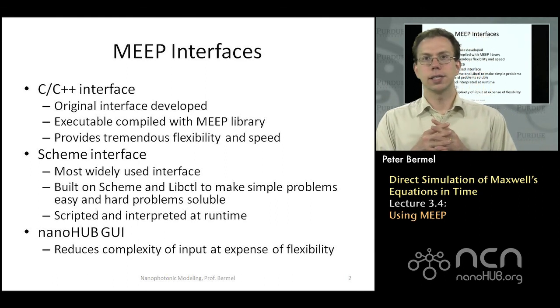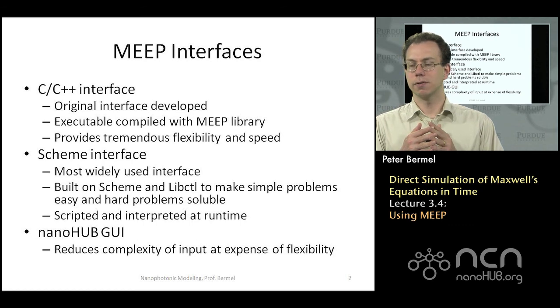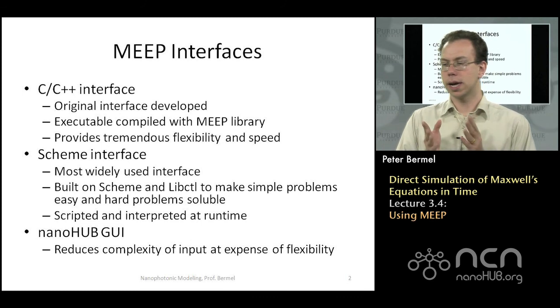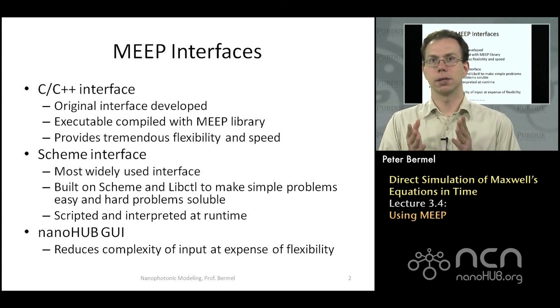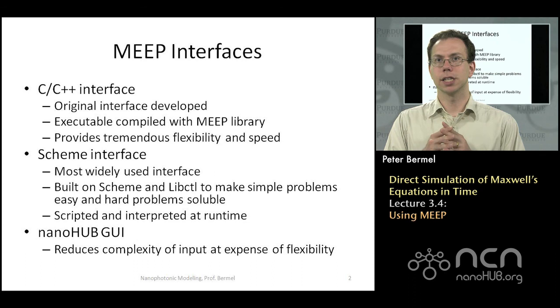And as you can imagine, because it's in C, it's a very powerful, very flexible interface, and it's also very fast. The downside, of course, is that you have to A, be good at programming in C or C++, and then B, you have to compile it every time you want to make any changes.